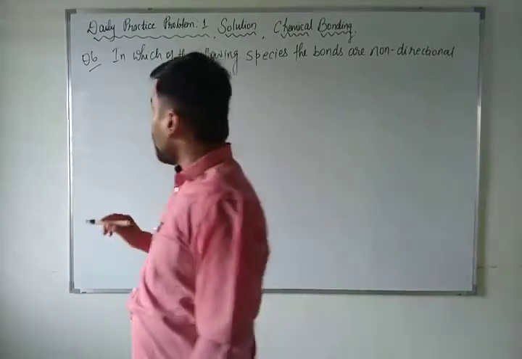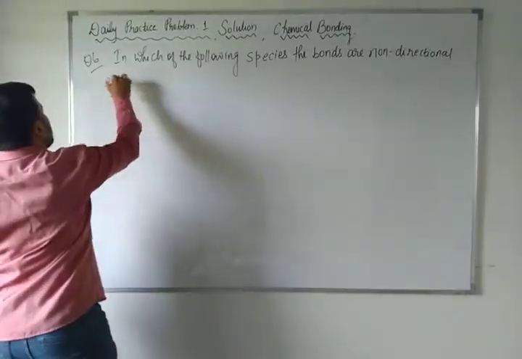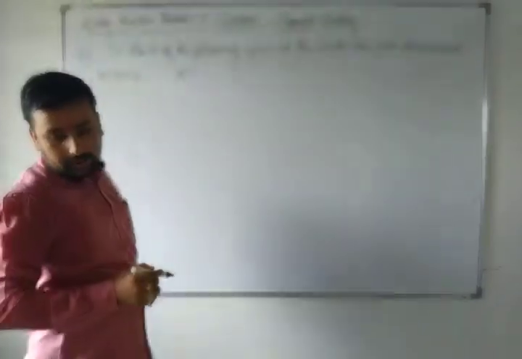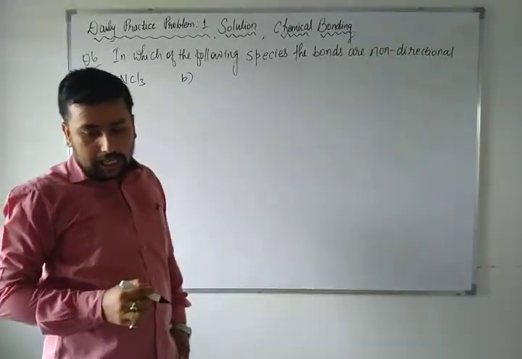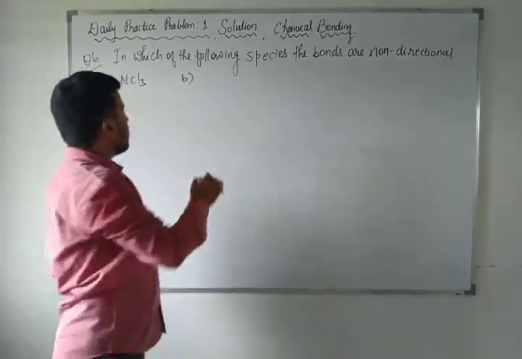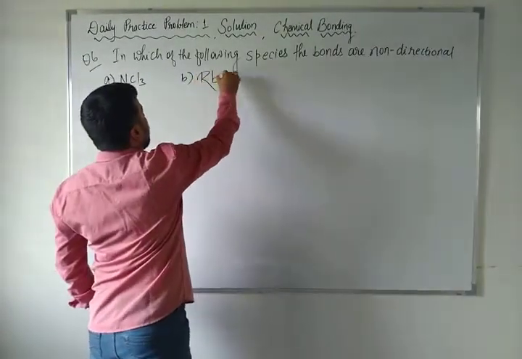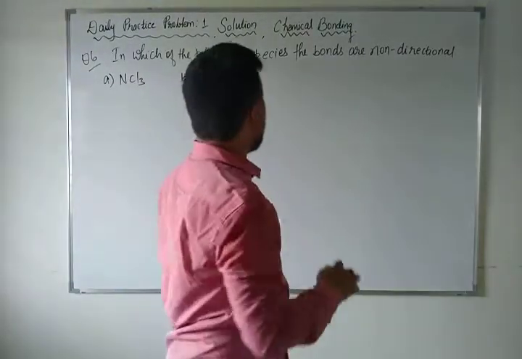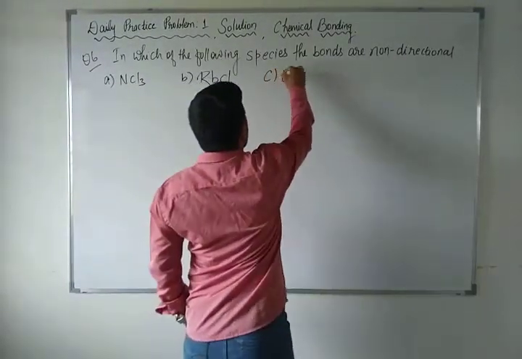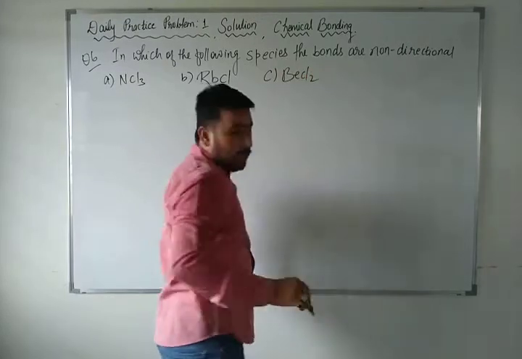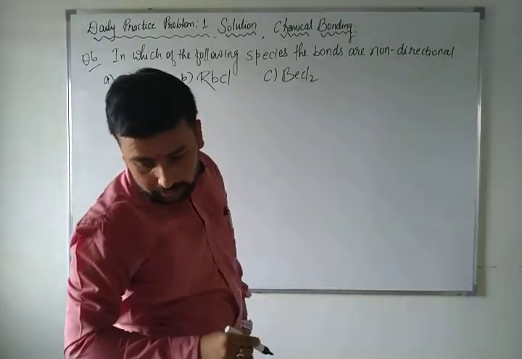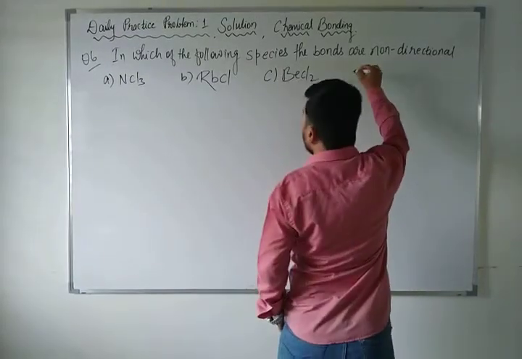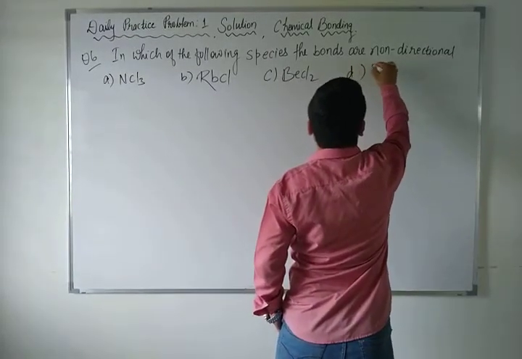NCl3, nitrogen trichloride. Second option is RbCl, rubidium chloride. BeCl2, beryllium chloride, and the last option is boron trichloride, BCl3. Can you tell me which will be the right answer?